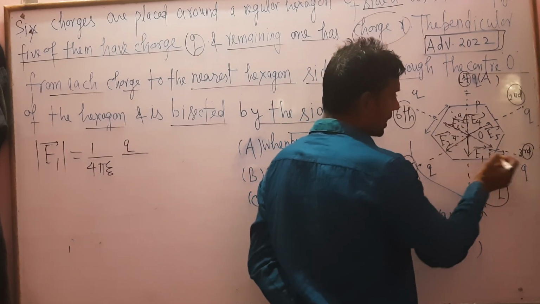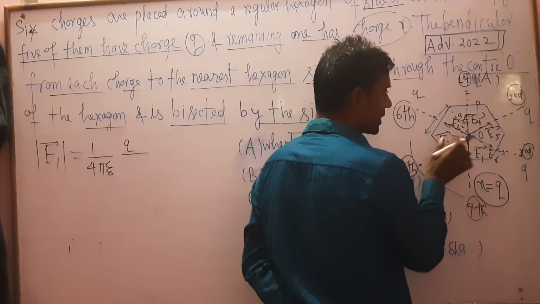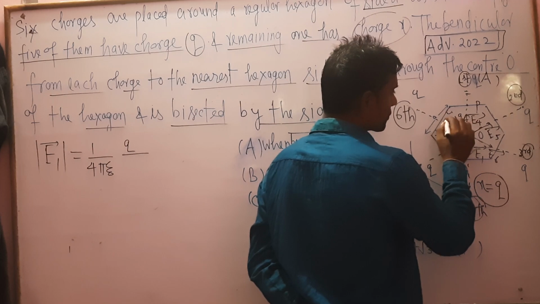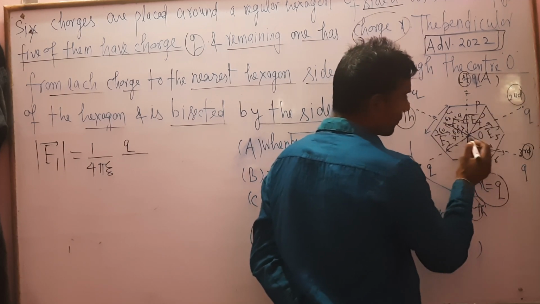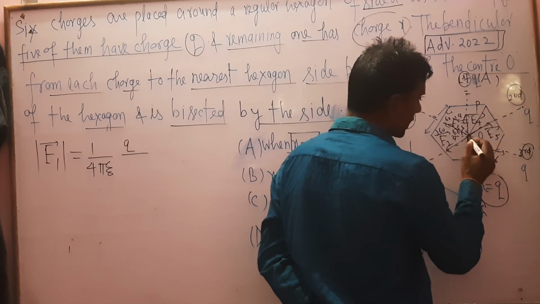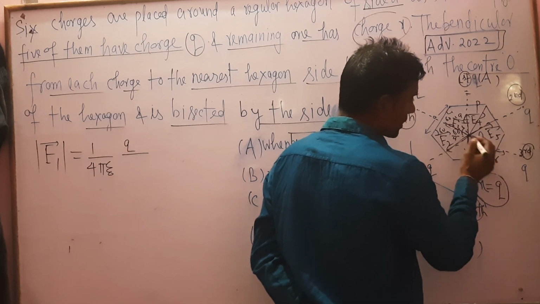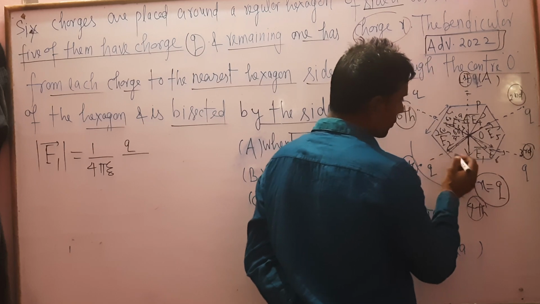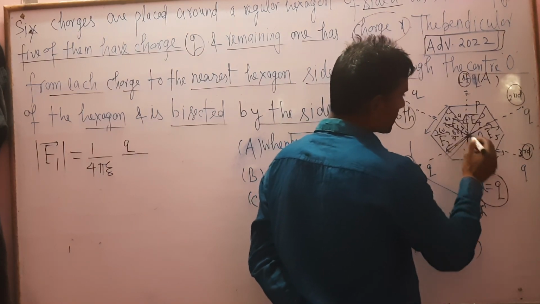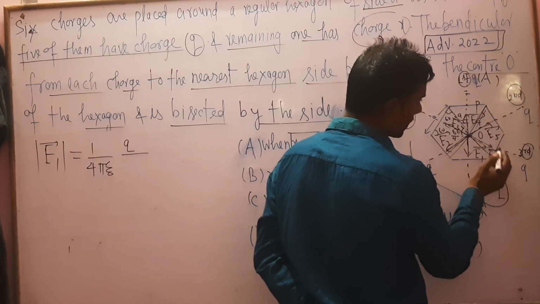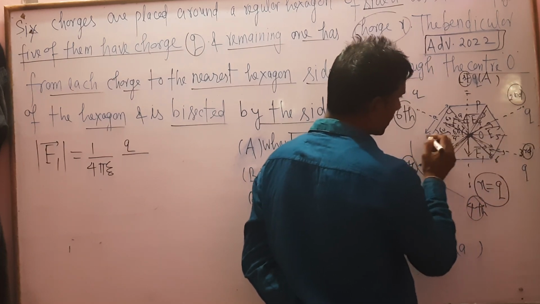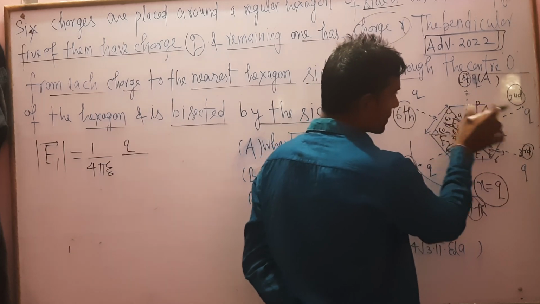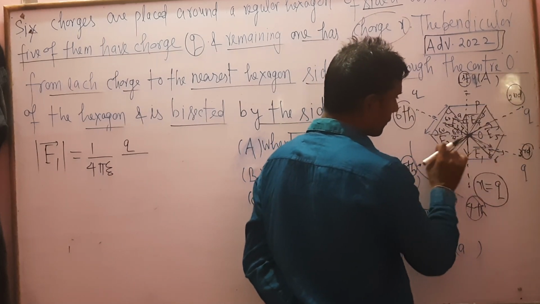Because this is a regular hexagon, this is the distance A, this is 60 degrees, also this is 60 degrees, and also this is 60 degrees. For each triangle, these triangles are equilateral triangles: the first, second, third, fourth, fifth and sixth.